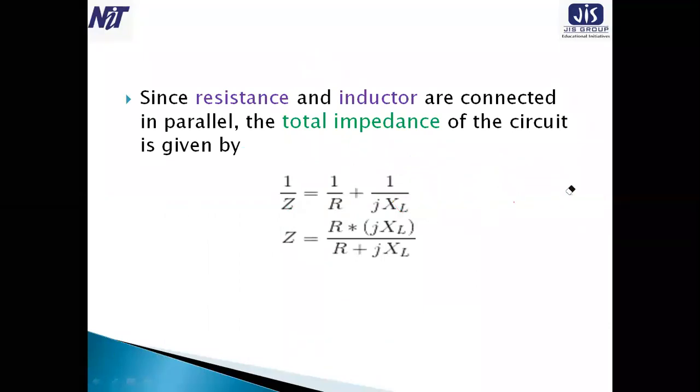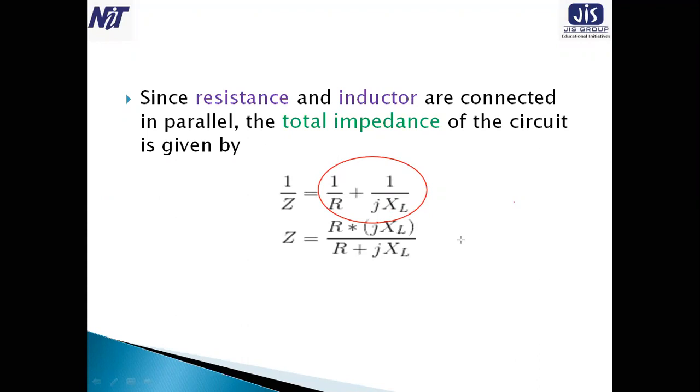Now here, since the resistor and inductor are connected in parallel, how can we find the total impedance of the circuit? These two are connected in parallel, R and JXL.